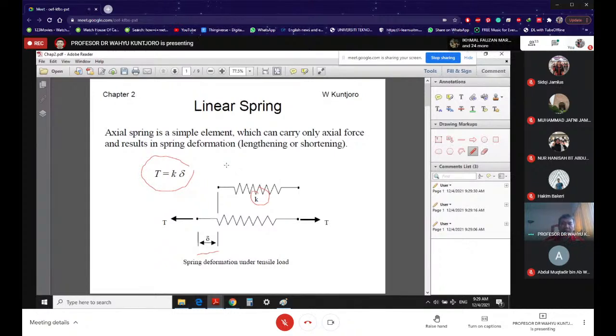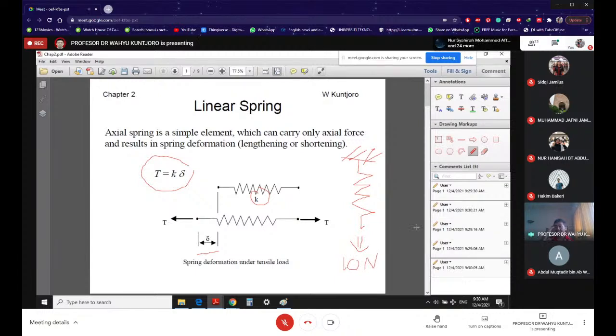So if you buy a spring from any place and you do not know the value of K of the spring, very simple, just hold the spring at one end. So that is your spring. Then you apply a weight at the bottom of the spring, let's say 10 Newton, for example.